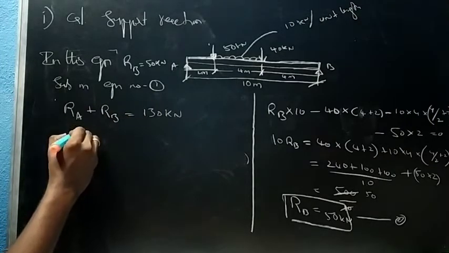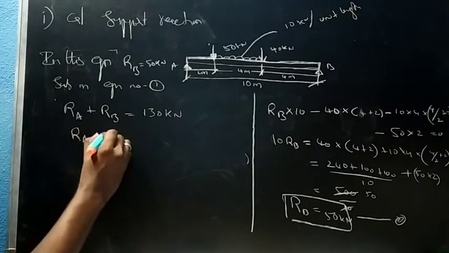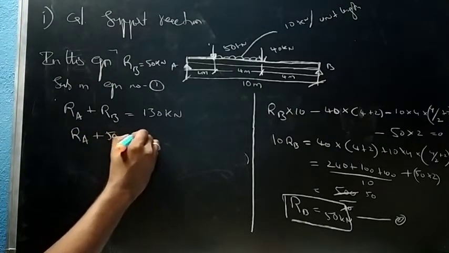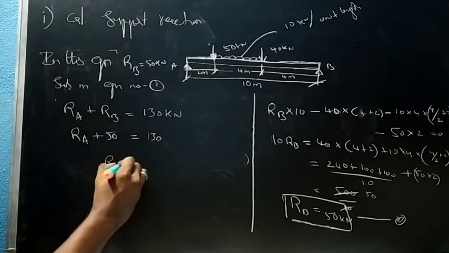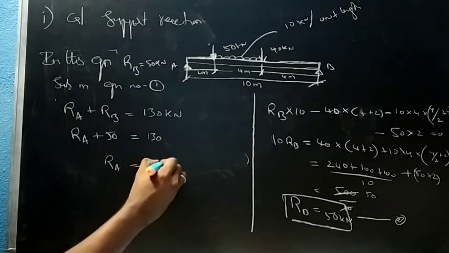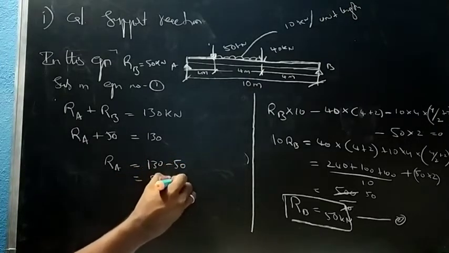So from here I can substitute RB here, that is RA plus 50 equals to 130. RA equals to 130 minus 50, from here we got 80 kilonewton.